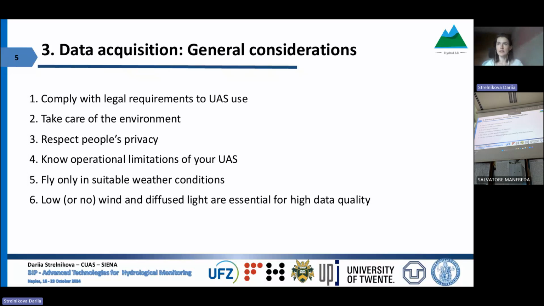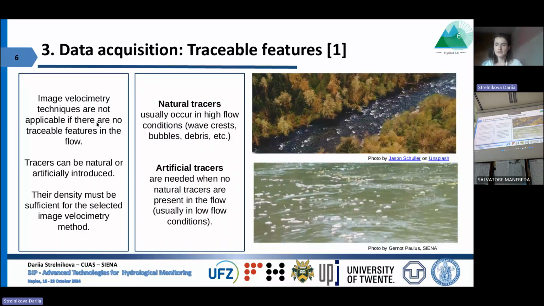So as we have already mentioned, we need something in the flow which represents the behavior of the flow to trace these traceable features. If there is nothing in the flow whose displacement we can track, then it's not possible to apply image velocimetry techniques.